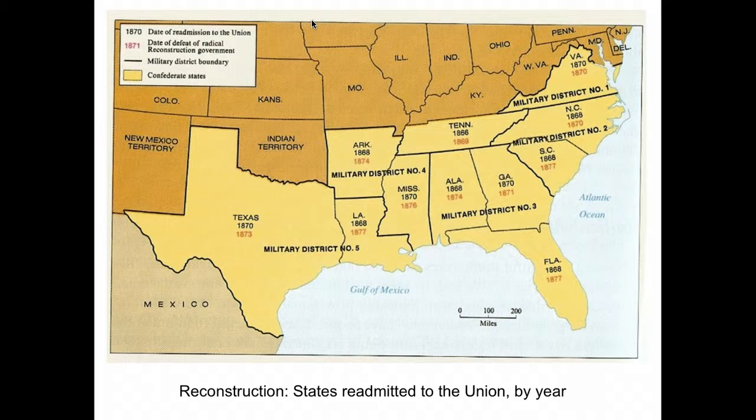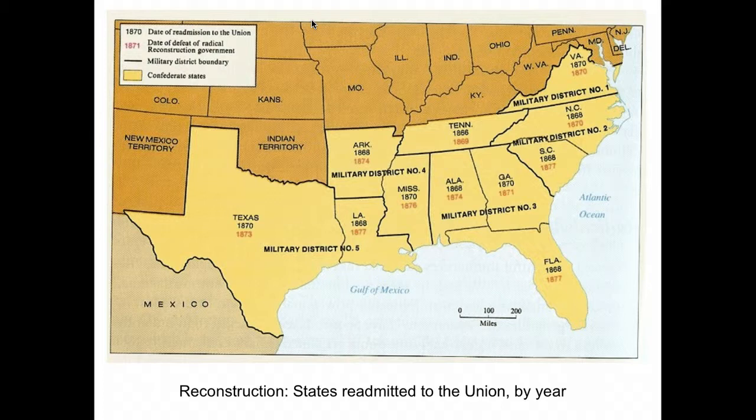And so we have these arrangements in which black and white legislators, black and white voters working together, set up some of the first public schools, for example, in some southern states. They raised taxes, and they used the taxes to provide those public services which had previously not been available to poor Southerners. So Reconstruction then is the political readmission of states to the Union and the various experiments that occur in those states during these years of occupation.